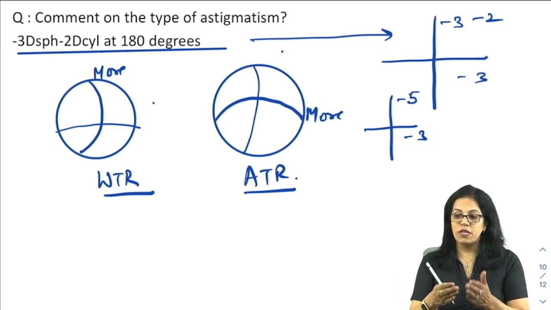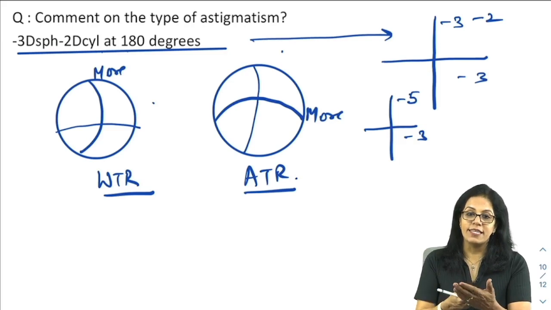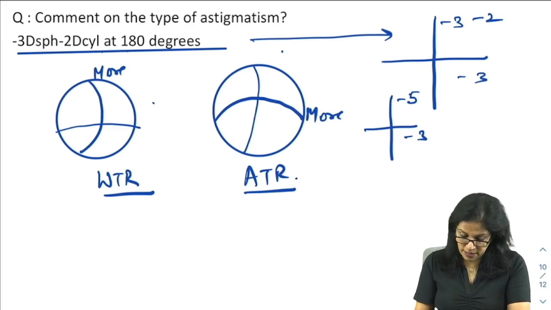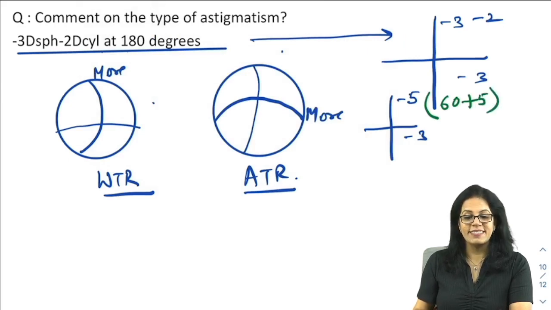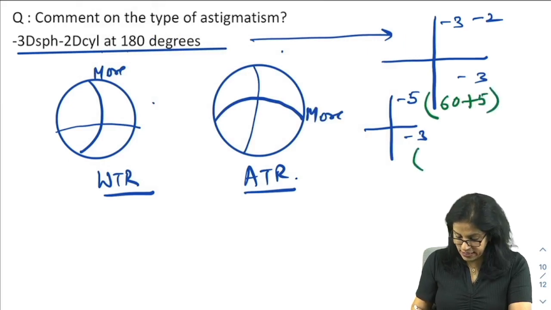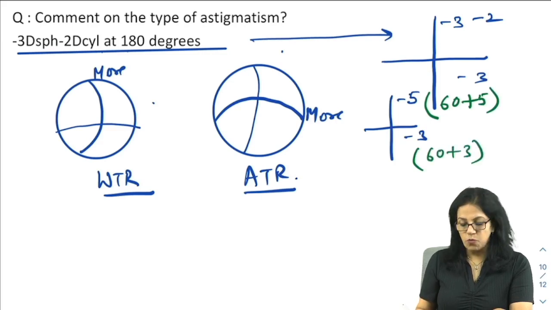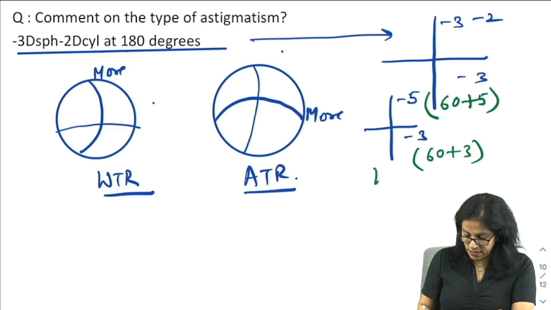Emmetropia. For emmetropia, what is the power of the eye? 60. So this is a simple method. You will never forget that when you say minus 5, it means the power on the vertical axis becomes 60 plus 5 more, 65. Whereas minus 3 means 60 plus 3, 63. So more power at the vertical. This is with the rule astigmatism.